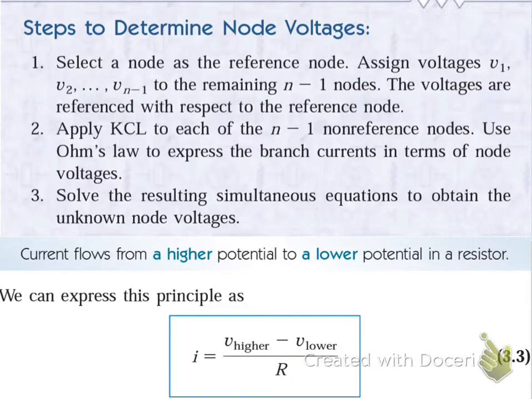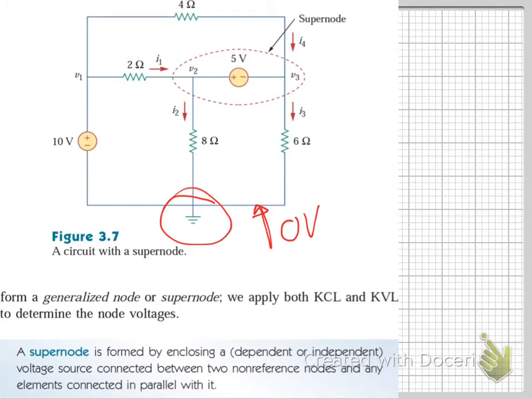So you first select your reference node, and then you assign voltages V1, V2, and so on according to the nodes. You see, here is a node right there, so that's why this one's called V1, right?